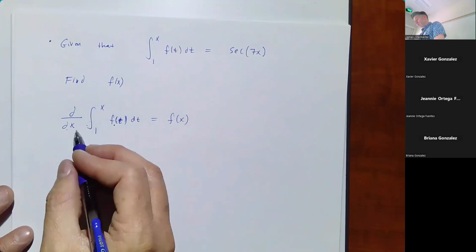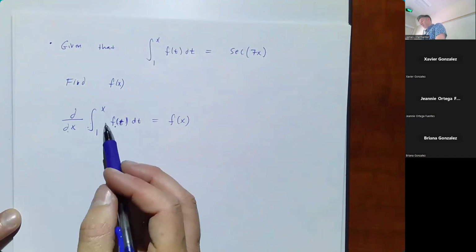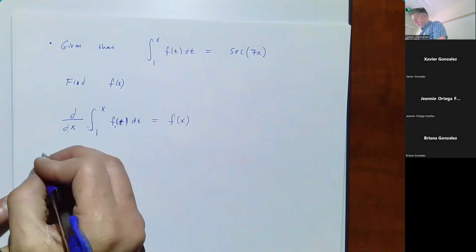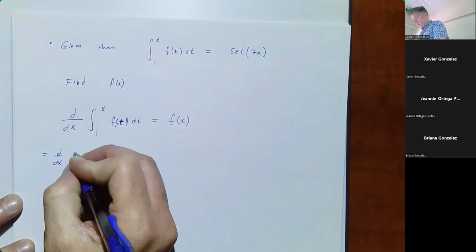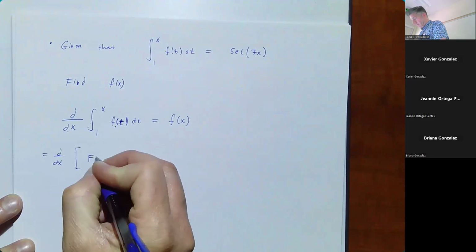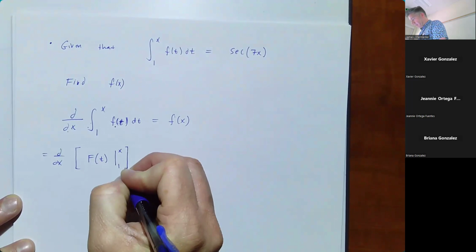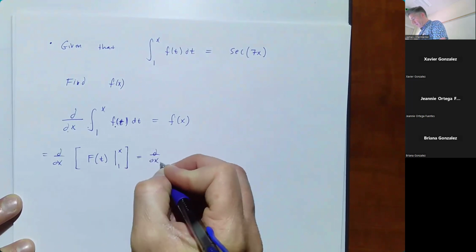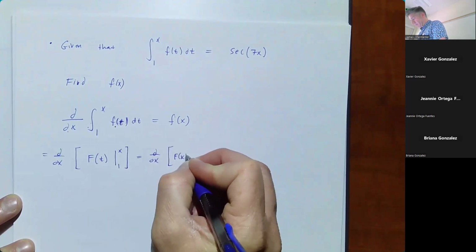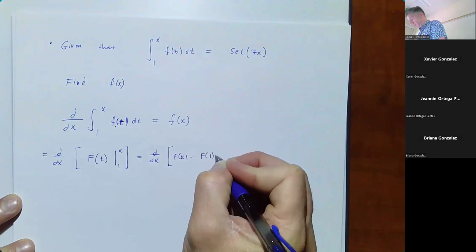You could take a longer route here and say, I know that the antiderivative would be some capital F of t evaluated between 1 and x. Then I'd have the derivative of capital F of x minus capital F of 1.